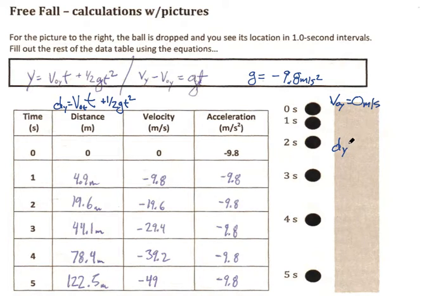dy equals v naught t plus 1/2 a t squared. Okay, so distance I don't know, that's what I'm looking for. V naught is 0, because again, I'm dropping to begin with. T, I actually should put a 1 there.